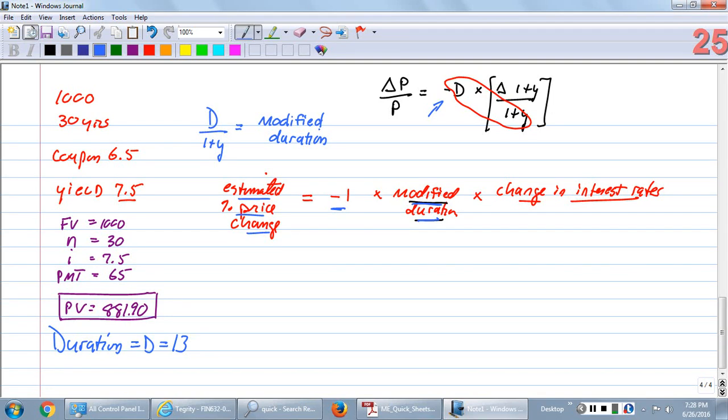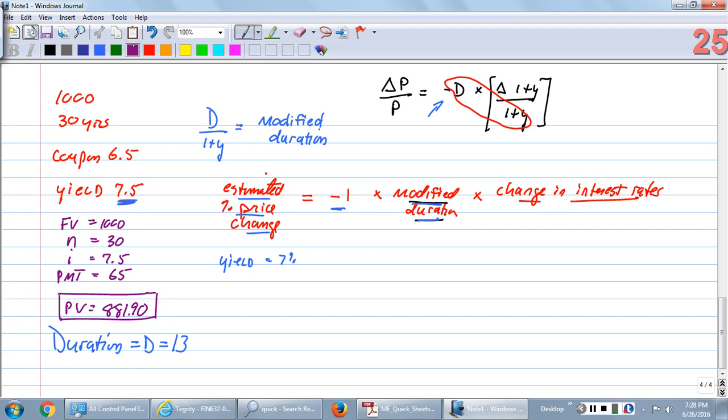So the first thing, let's assume that the yield is now equal to 7%. The yield on our bond was 7.5, so now I'm going to assume that interest rates go down by 0.5%.